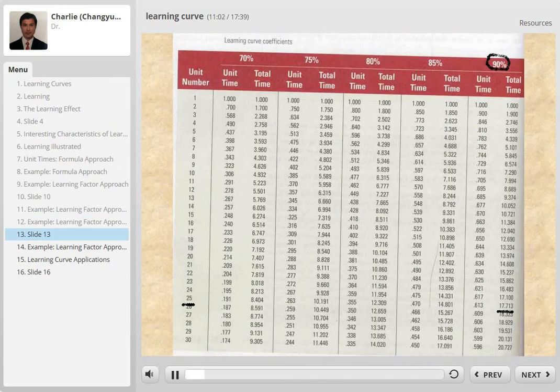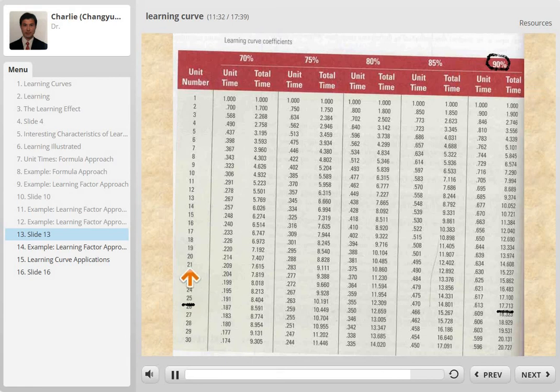Again, we're going to use a table. We find the 25th unit in the first column. Learning rate, again, 90%. Now we look for the total time instead of the unit time. And total time here means, in our case, from unit number 1 to unit number 25, all the units from 1 to 25.